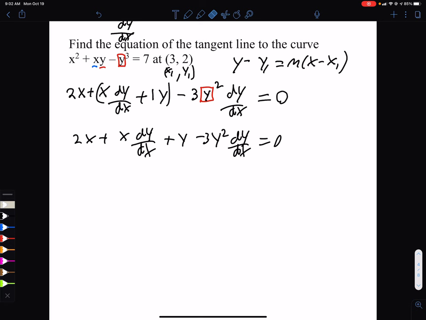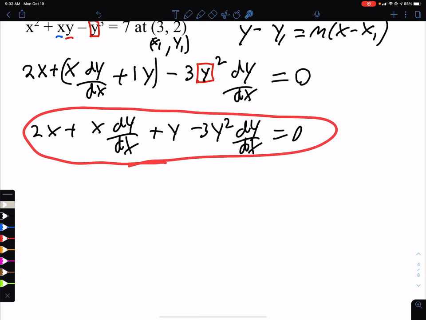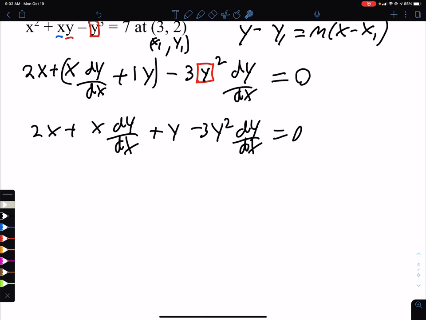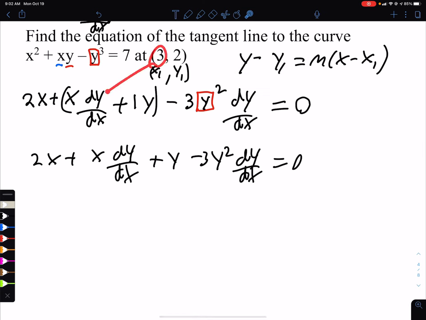Okay, once you've taken the derivative and you get it to this form, you can actually replace your x's and y's at this time. I can place 3 in for all the x's, no more, just those two, and 2 in for my y's, and solve for dy dx.